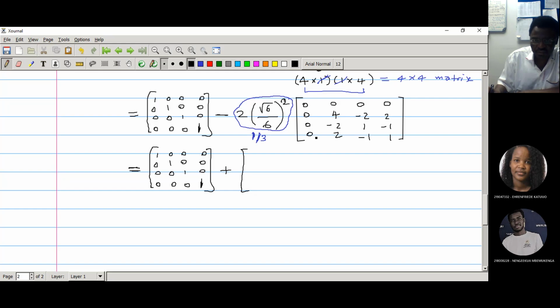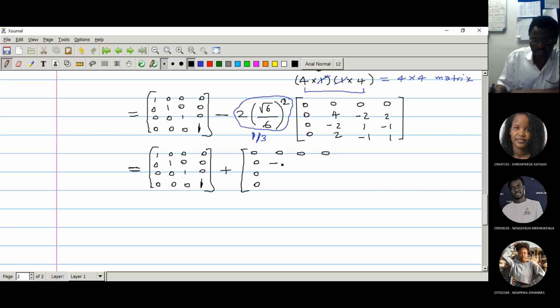Obviously, these zeros here in the first column and first row remain 0 because I will be multiplying. So we have 1, 2, 3, 4. They remain 0. 1, that's 3, and then 4. So this remains 0. Now this negative, I will negate all the entries and divide them by 3.